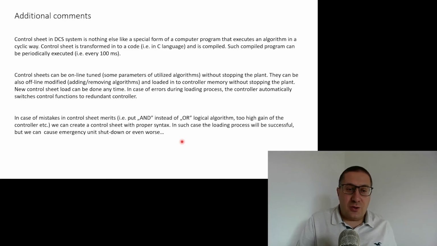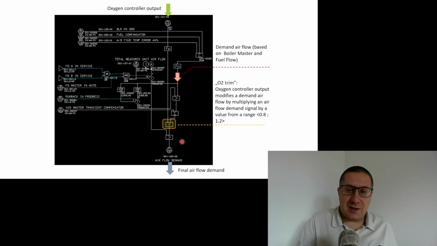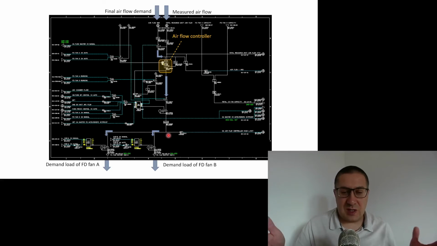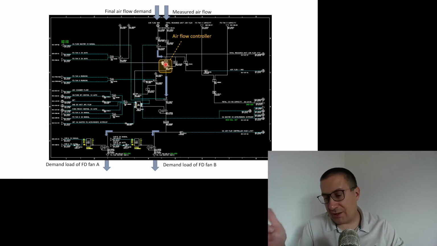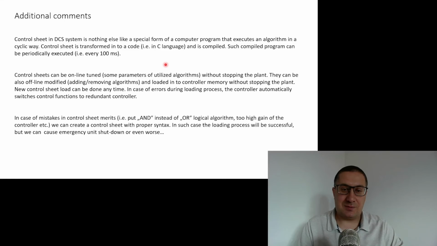We can tune those algorithms in online mode, so we can change the gains, maybe change some limits, change the PID controller gain or integral time or other important parameters for this algorithm without stopping the plant.